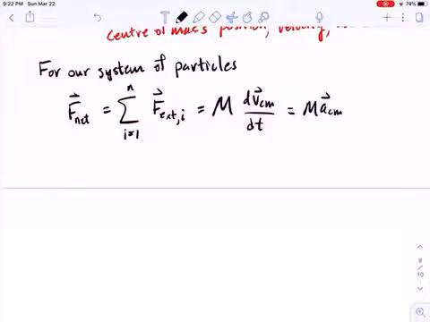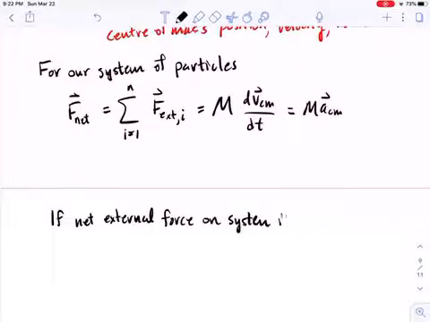And so now we could imagine a scenario where the net external force on our system is 0, so that the sum of external forces on all the individual particles vanishes. It doesn't mean that there are no external forces.